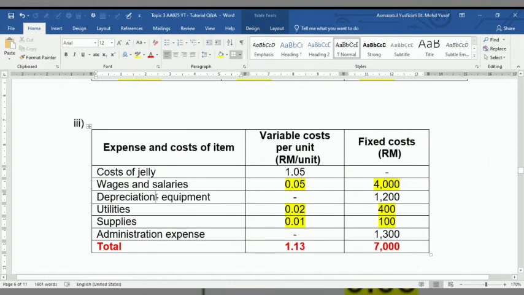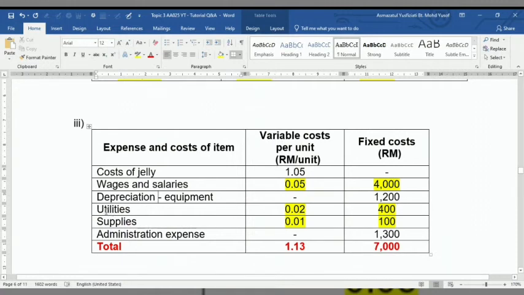Depreciation equipment is the fixed cost, kan? So there are no cost in variable cost per unit because it is the fixed cost. It only has in the fixed cost, 1,200. This is the total fixed cost. For variable is the cost per unit.